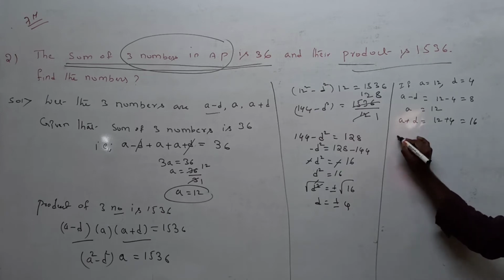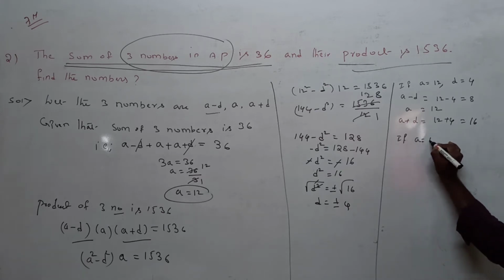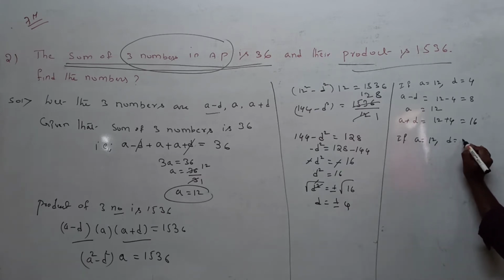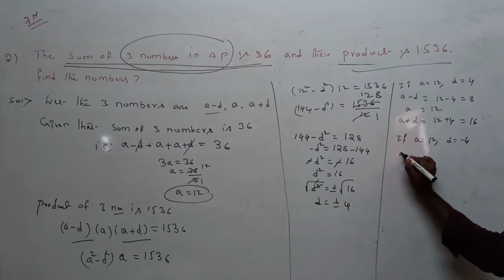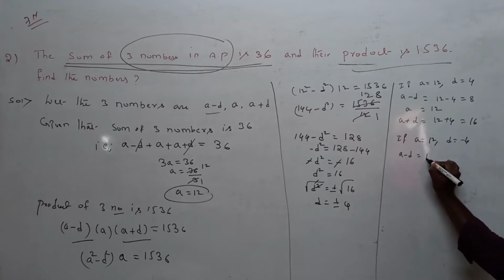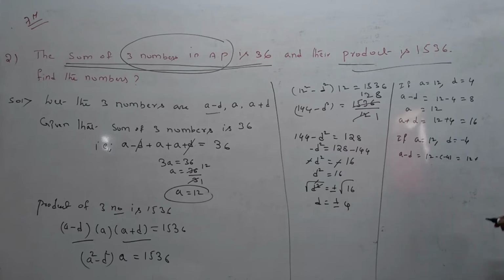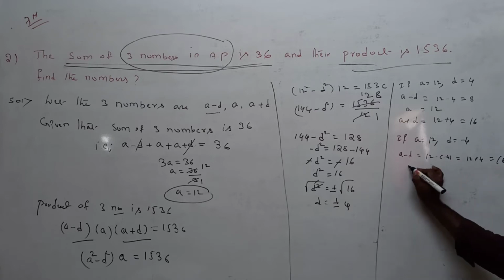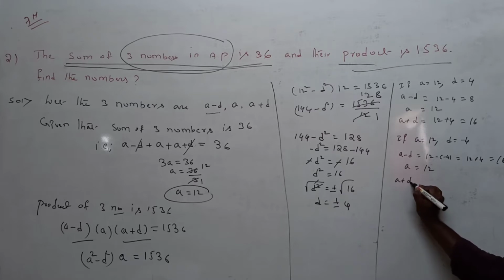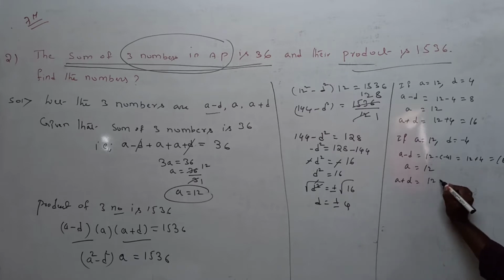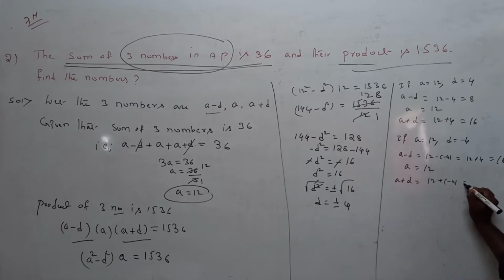Second case: A value is the same, and D value we take as negative, minus 4. The first number is A minus D, 12 minus of minus 4, which is 12 plus 4 is equal to 16. The second number is A, which is 12. The third number is A plus D, 12 plus minus 4, which is 12 minus 4 is equal to 8.